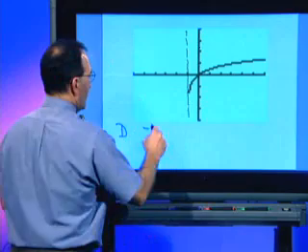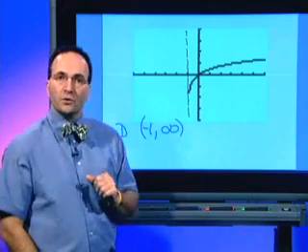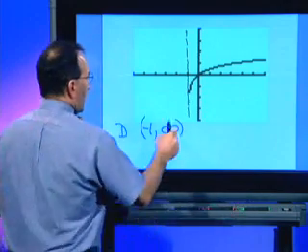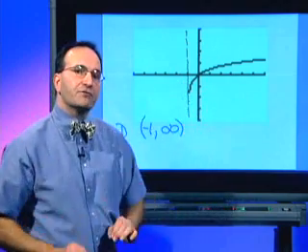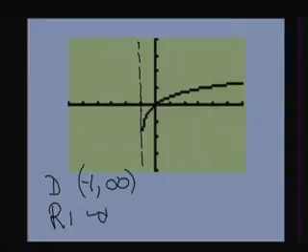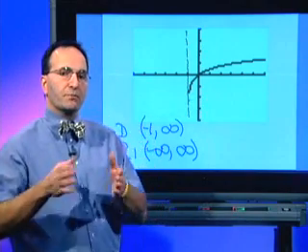Domain, -1 to infinity, and neither one is included in that. The range, of course, continues down the graph, so the range is from -infinity to +infinity.